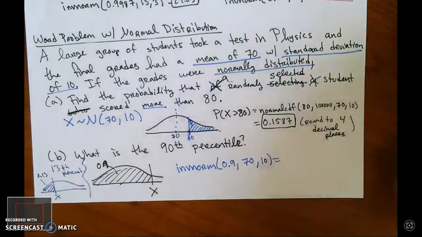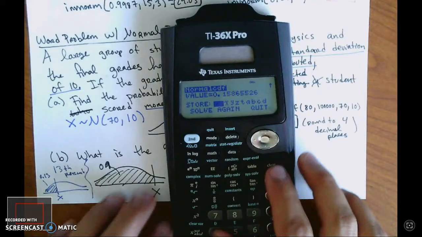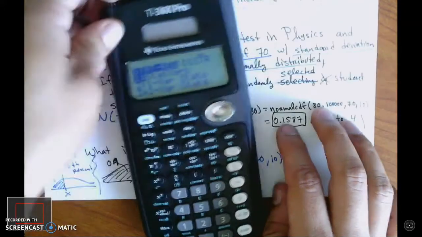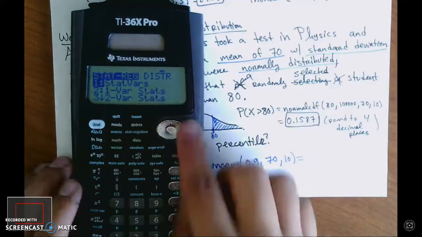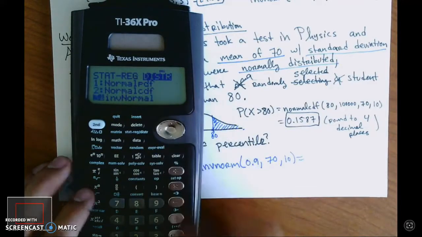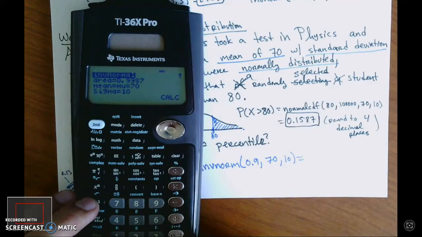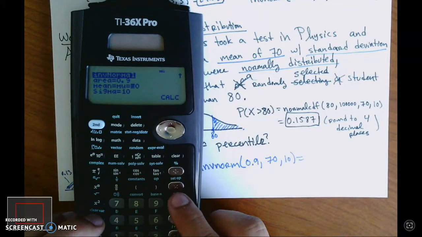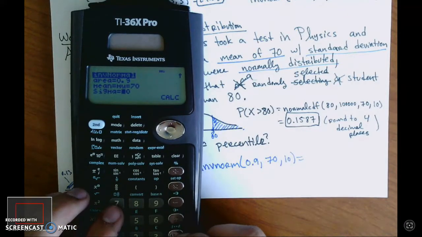Second data, distributions, inverse normal. My area to the left is now 0.9. My mu is still 70. Sigma is still 10. What is my answer?